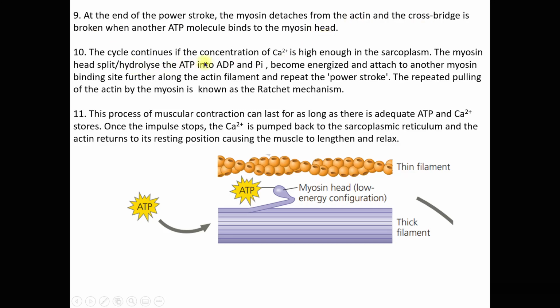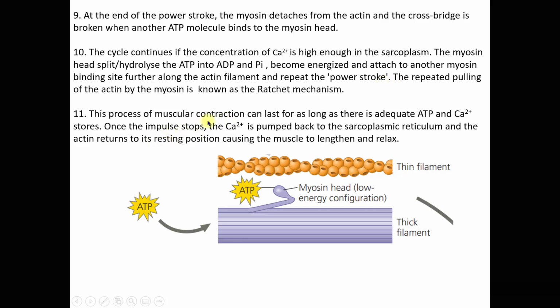This cycle continues if the concentration of calcium ion is high enough in the cytoplasm. The myosin head will hydrolyze the ATP into ADP and inorganic phosphate, become energized and attach to another myosin binding site further along the actin filament and repeat the power stroke. The repeated pulling of the actin by the myosin is known as the ratchet mechanism.